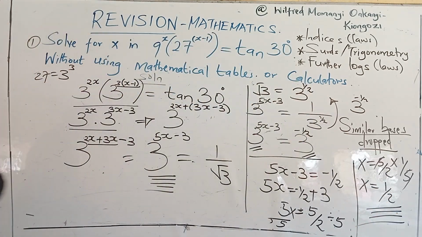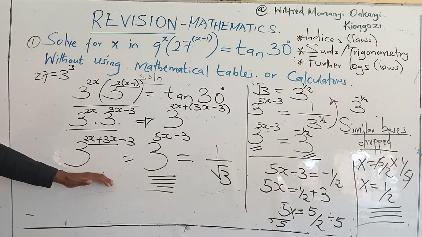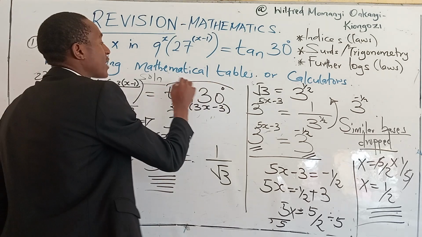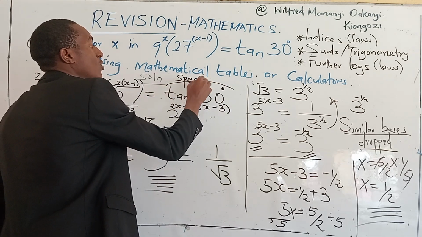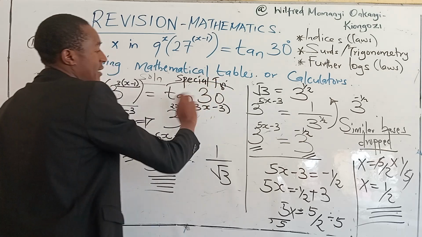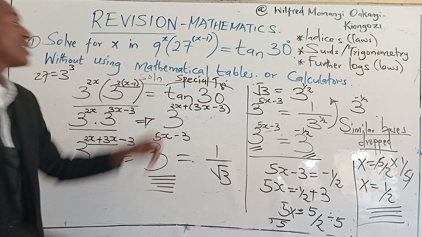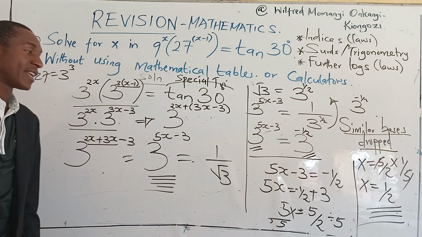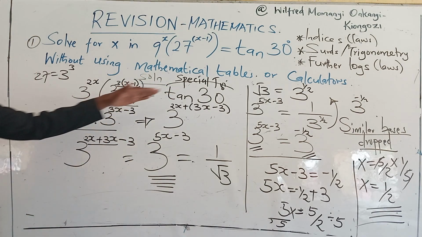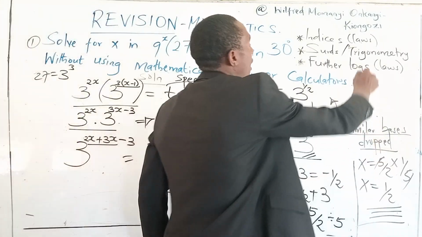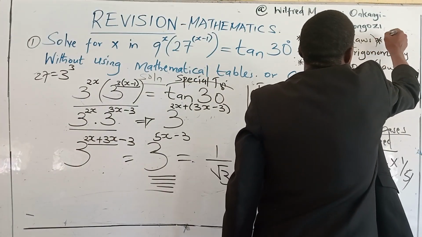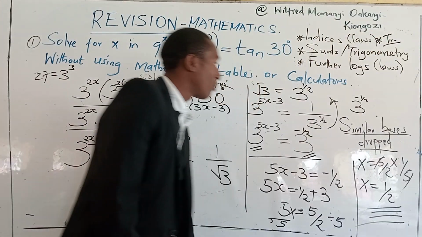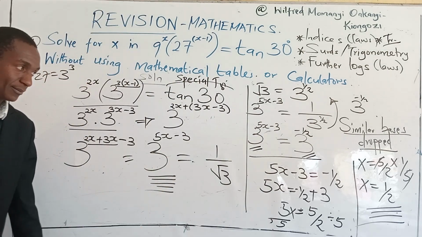Important points to note here, apart from the laws of indices, we use special triangles to get the values of trigonometric functions of angles given. That is why I'm saying the laws of indices also incorporated the aspect of trigonometry form 2. That is the first question.